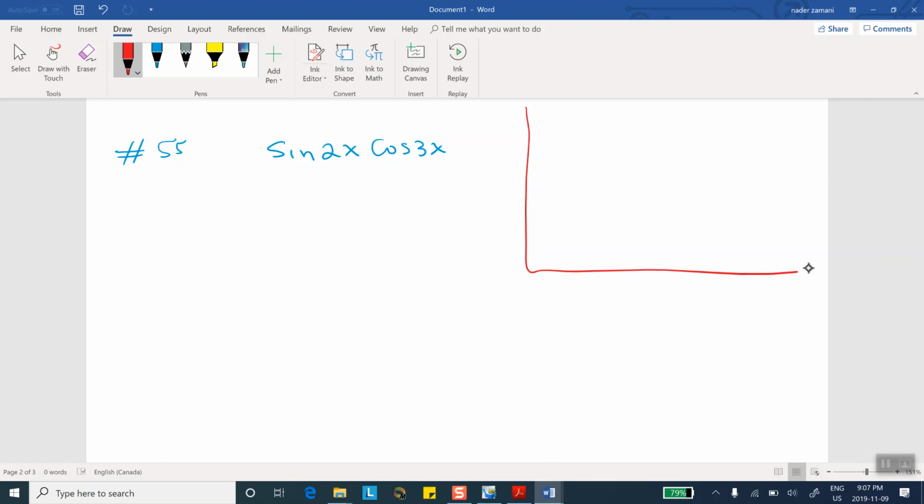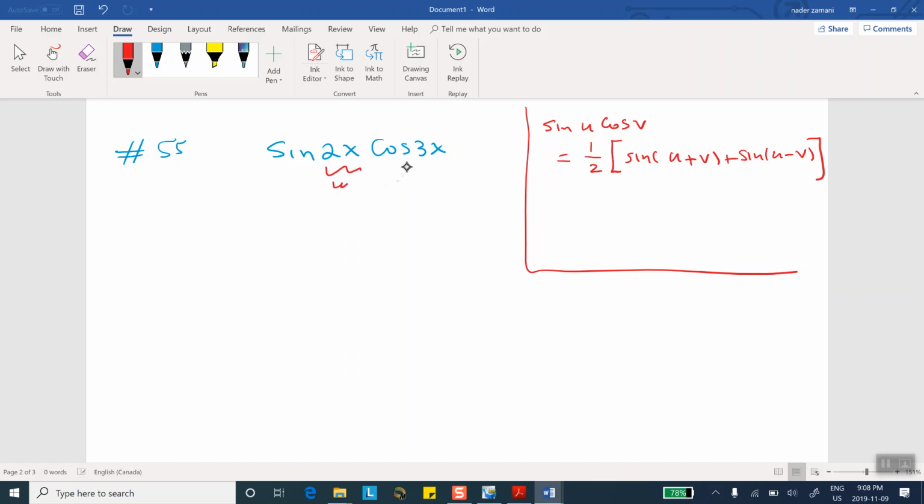If you look at the formula for something like that, sine of u cosine of v, look it up in your table. It's going to be 1/2 of sine of u plus v plus sine of u minus v. So this is the formula that I'm going to be using.